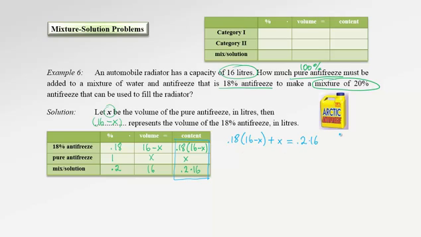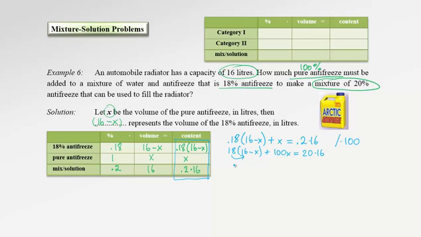Again, we can use the strategy of getting rid of decimals. So we would like to multiply the whole equation by 100. So that will be 18 times 16 minus X plus 100 times X over here. And multiplying by 100, 0.2 becomes 20 times 16.